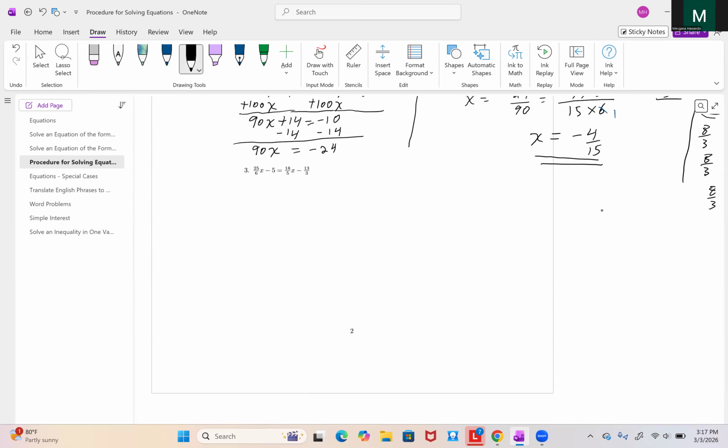The LCD here is 30. So we can go back, LCD, the least common denominator. The 3 factors into 3. 5 factors are just 5. 6 factors into 2 times 3. These are the prime factors of these numbers.